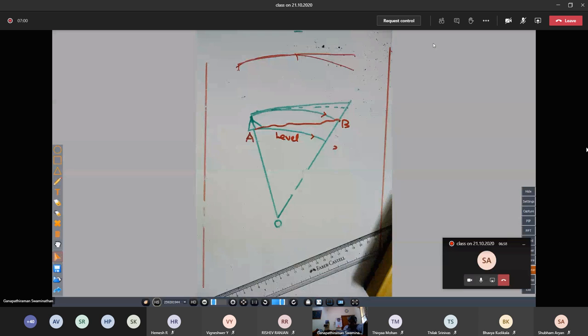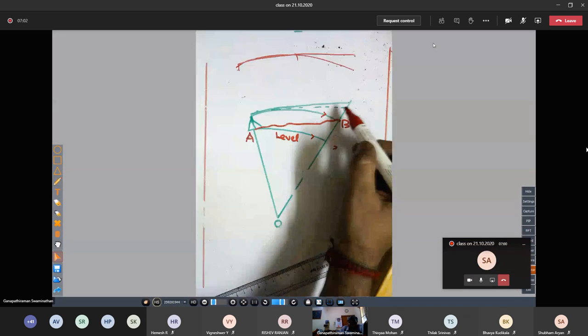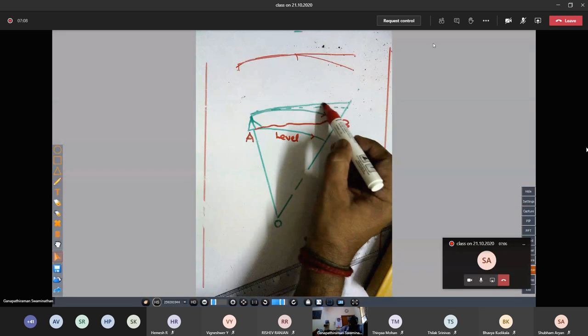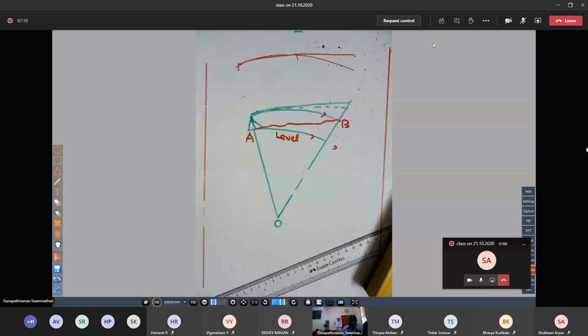Over a period of time, when the distance is very large, this horizontal line defines your line of sight. When the bubble remains at the center, for all 360 degrees of rotation your line of sight is perpendicular to the vertical axis.